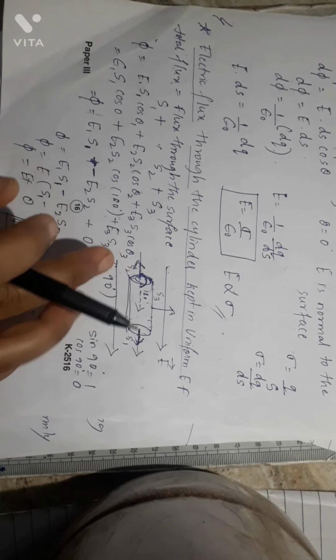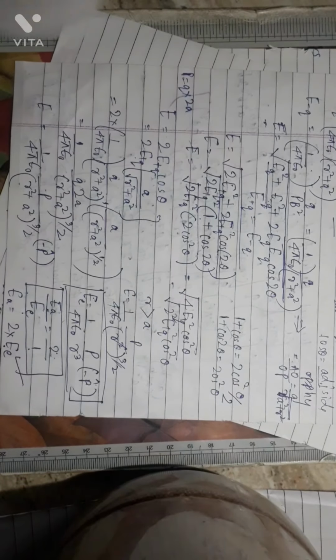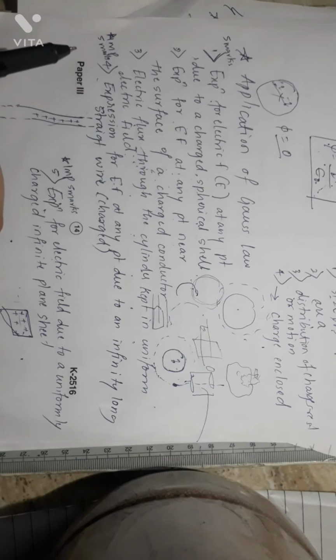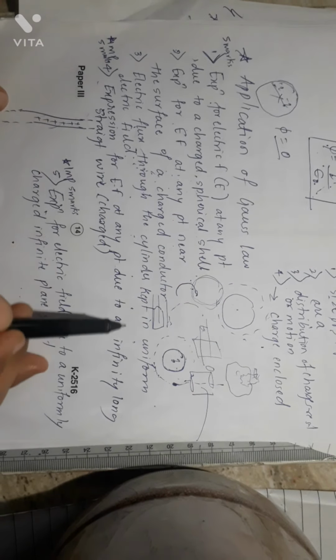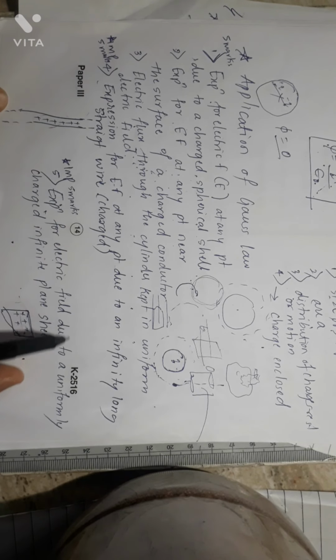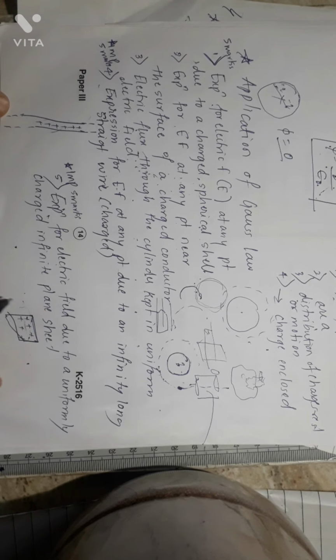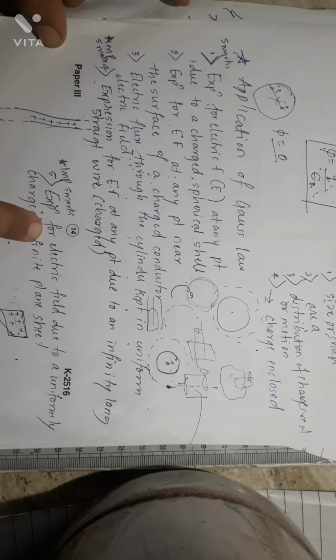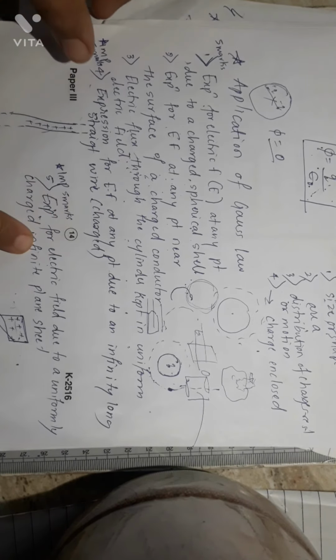Next we will go through the two main derivations we have noted before: the expression for the electric field at a point due to an infinitely long straight wire, and the expression for the electric field due to a uniformly charged infinite plane sheet. We'll go to this derivation next, and lastly this derivation, and these are the last two topics of this chapter.